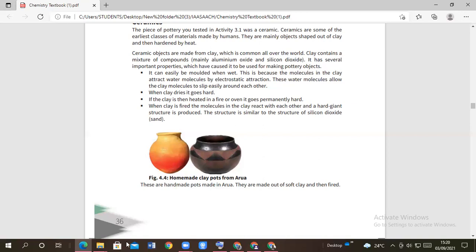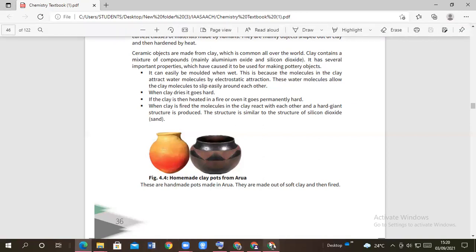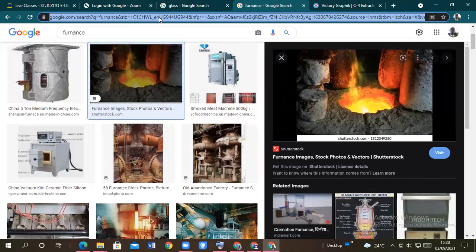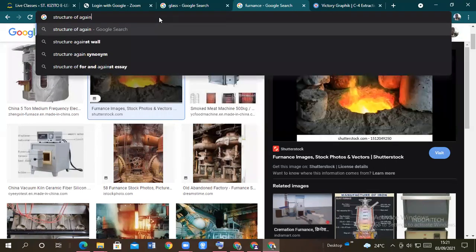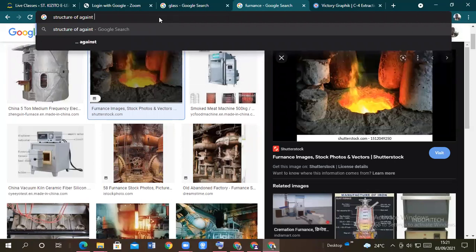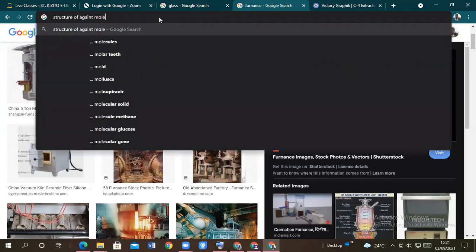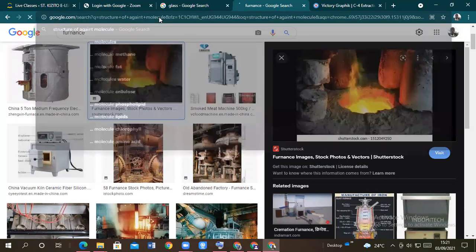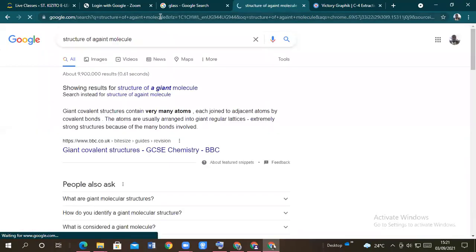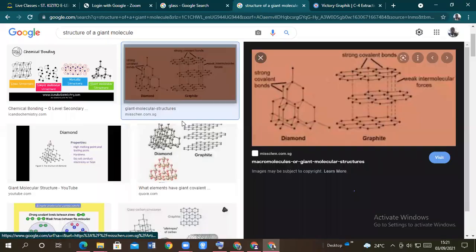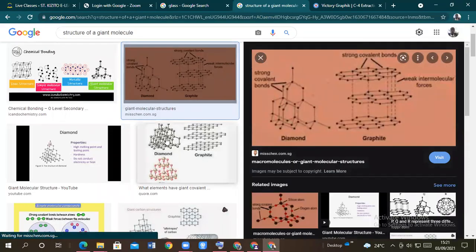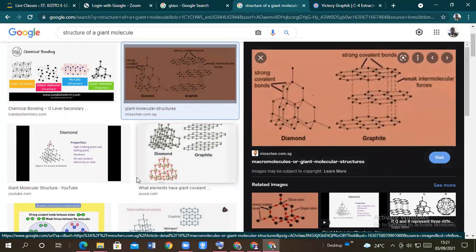Let me show you the structure of a giant molecule. This is what we mean. These things you see here are all giant molecules.